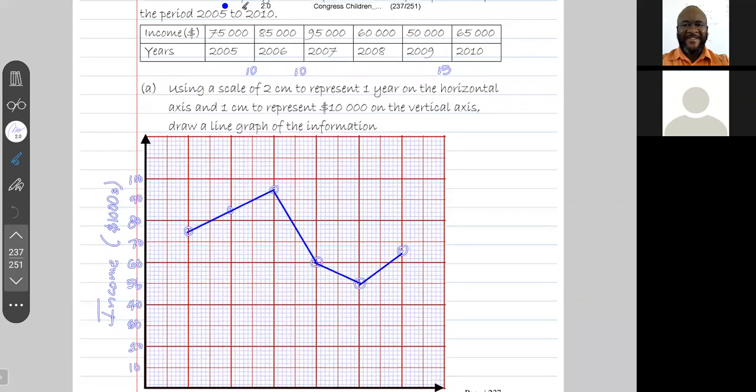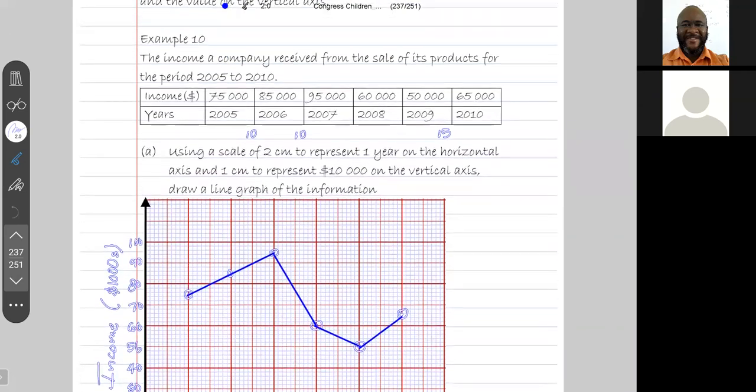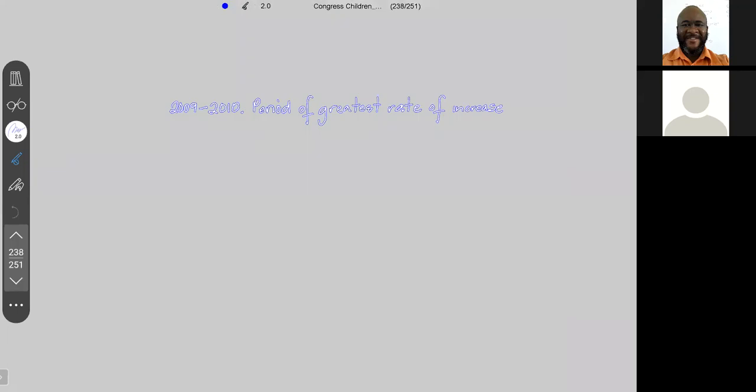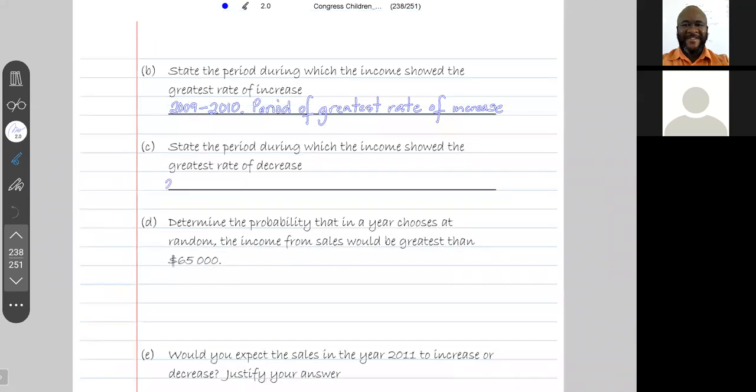Again, you could get that from the table. 2007 to 2008, the decrease is 35,000. And you have a decrease from 2008 to 2009 of just 10,000. So the period of the greatest rate of decrease is from 2007 to 2008.